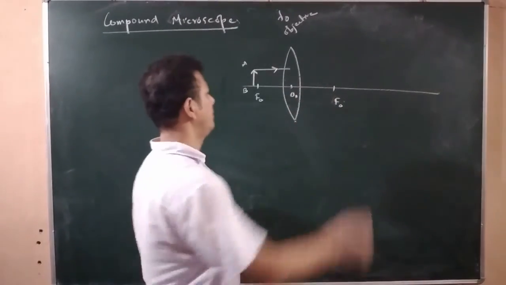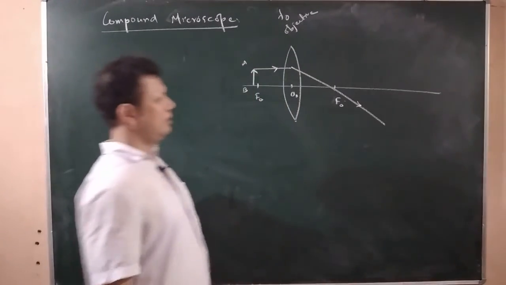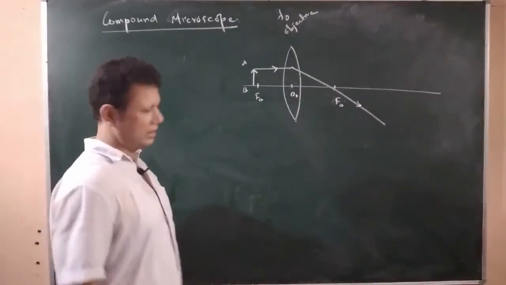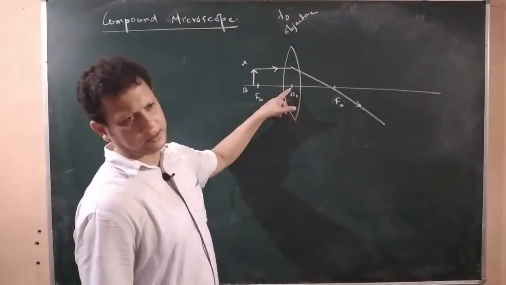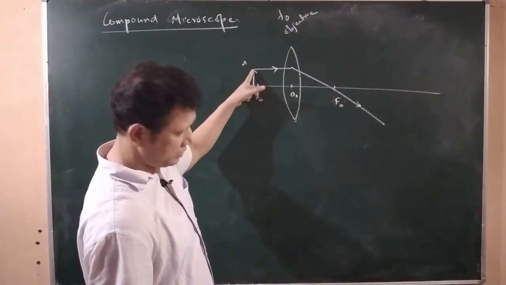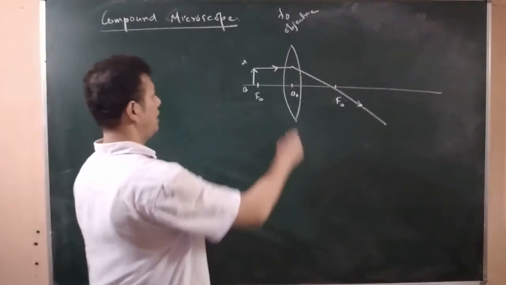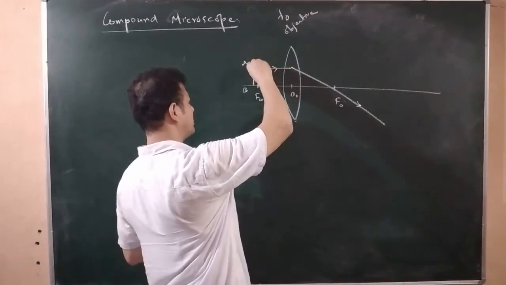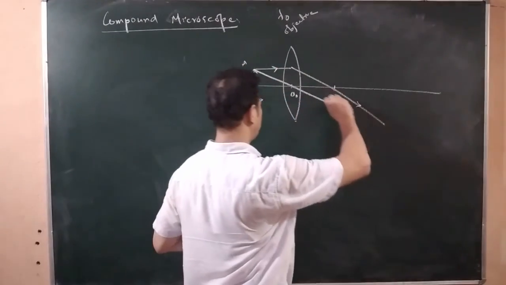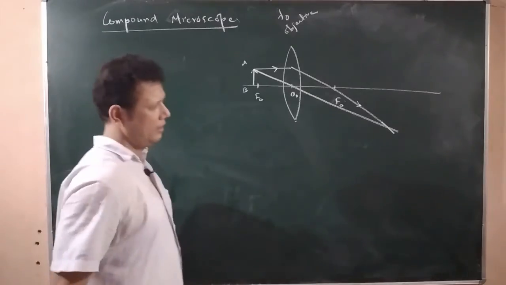Next you take another ray and allow it to pass directly through the optical center. And we know any light ray that passes through the optical center goes straight without any deviation.